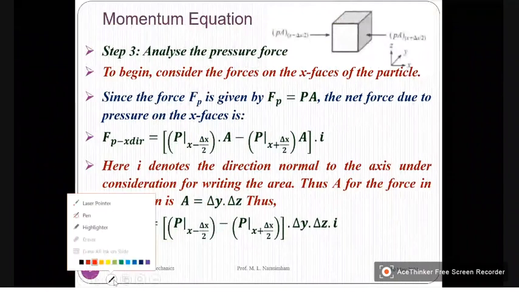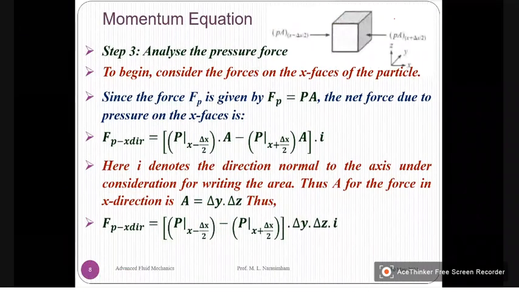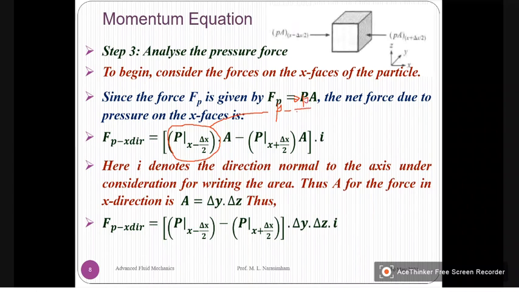See, this one is the pressure at the center minus dou P, the change in pressure in the x direction, into delta x by 2.